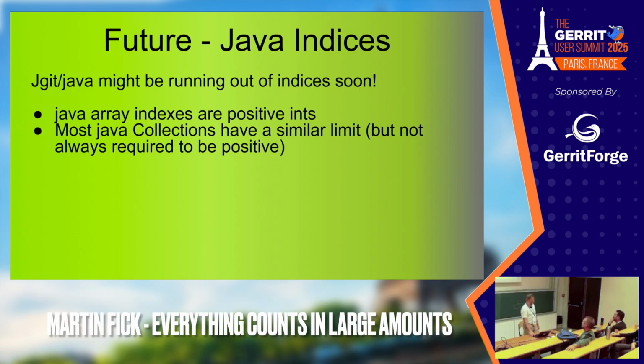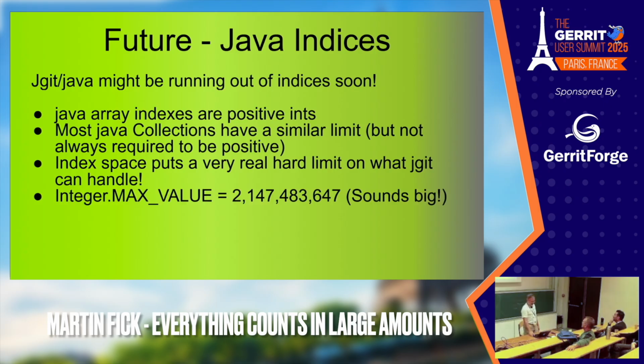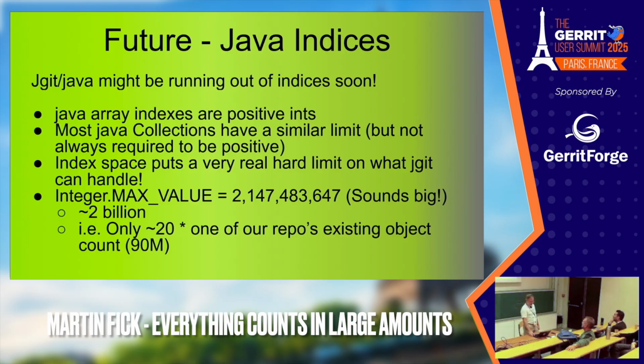Most of our collections in Java, your lists, your maps, etc., have an index that is an int. That's 2 billion, because it's a positive int, not even an unsigned. So we only have 2 billion. Okay, that's 20 times my 90 million object repo. That's not very far away.